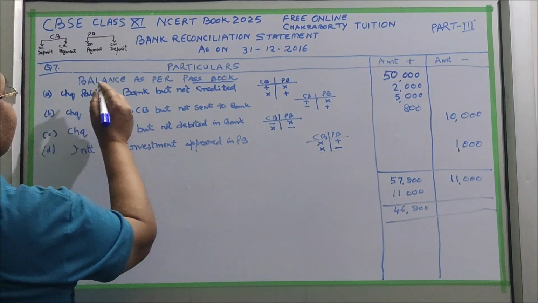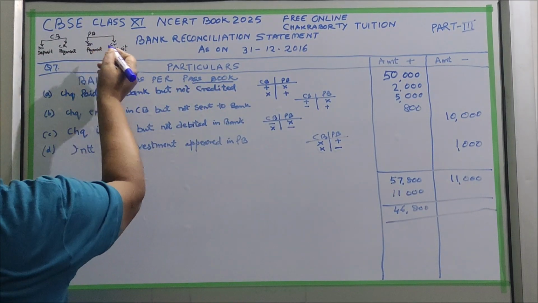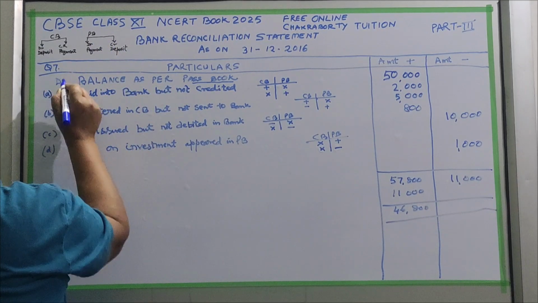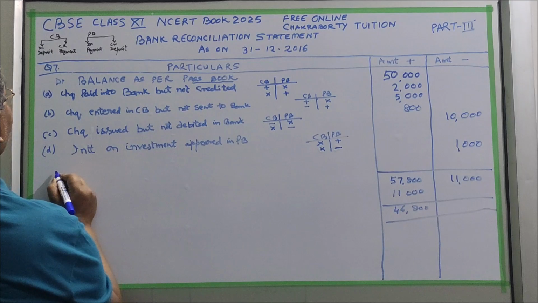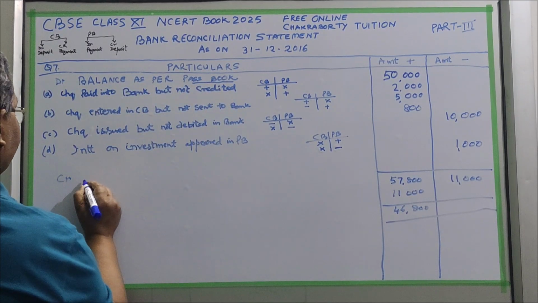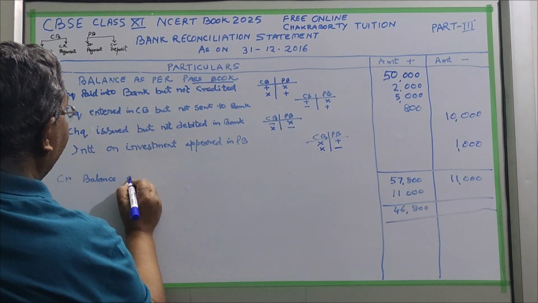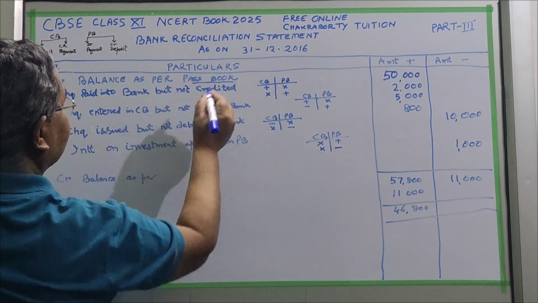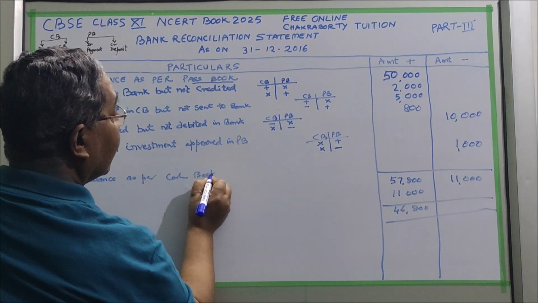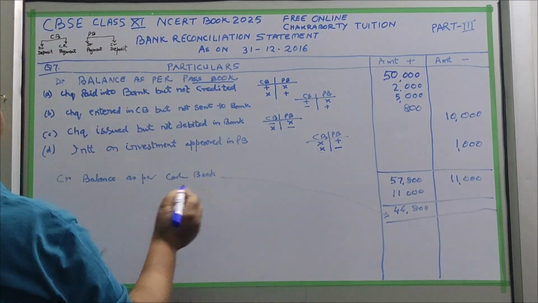Here what we learn is that it is the balance as per passbook, and the passbook balance means a debit balance. So whatever the answer comes, it will be opposite to it. The answer will come as a credit balance as per cash book. This is your answer.